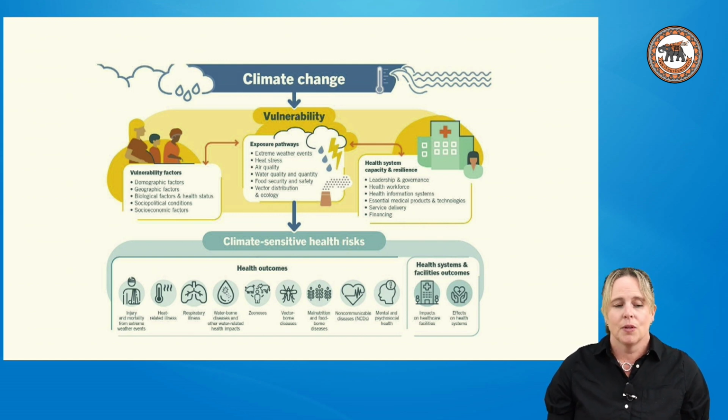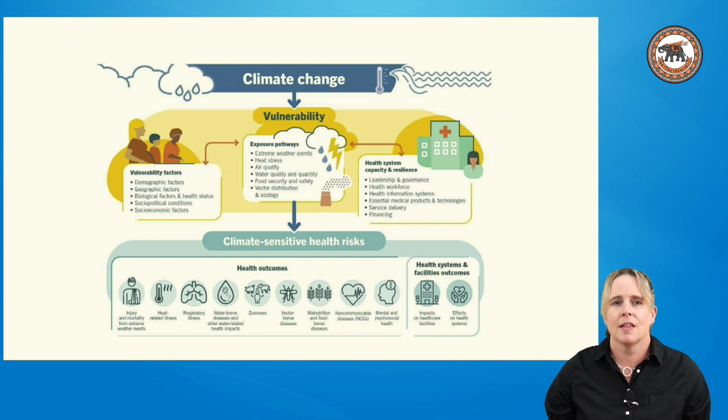And then the one below that has all of the different areas where we see different kinds of health conditions that are resulting from changes in climate and changes in planetary health.